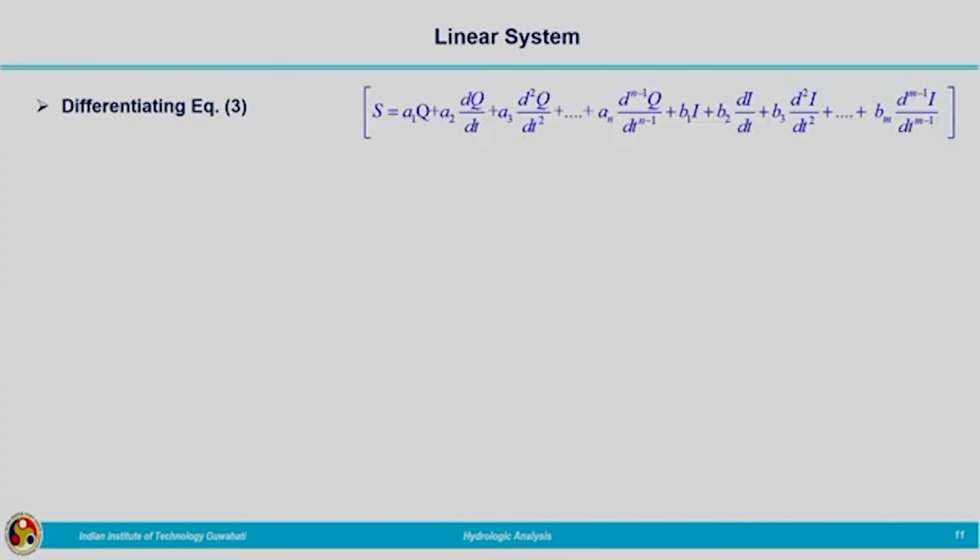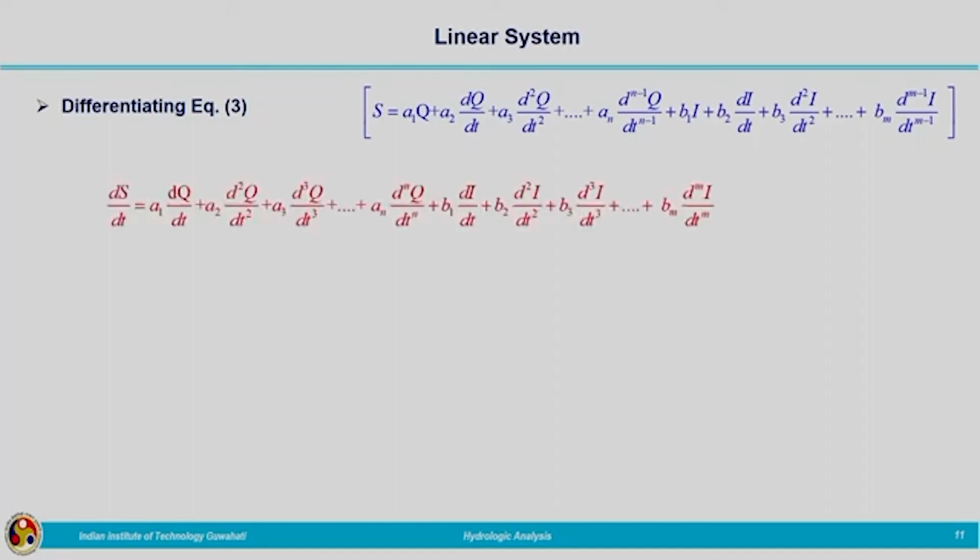This is our equation representing S, and dS/dt, if you differentiate this, is a1 dQ/dt, a2 d²Q/dt², a3 d³Q/dt³, and that way it goes up to the last term corresponding to Q, which will be an dⁿQ/dtⁿ.